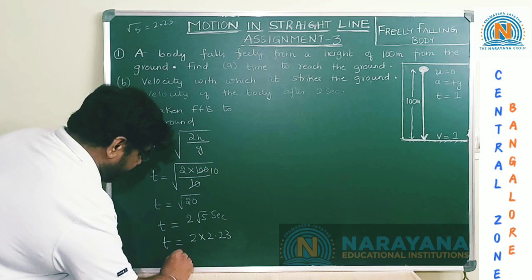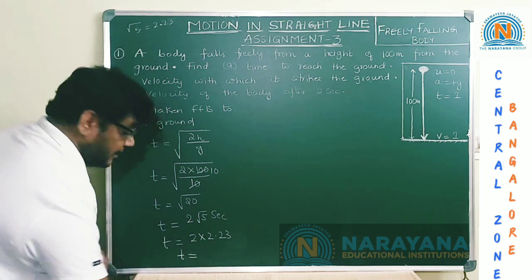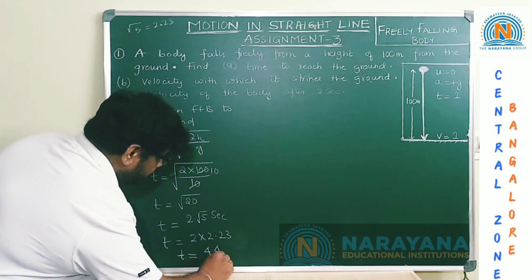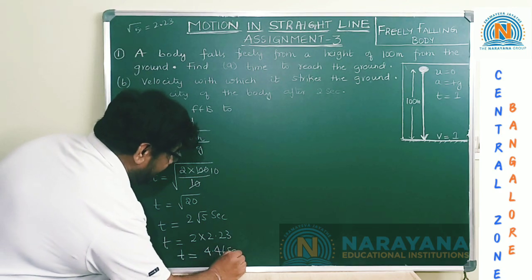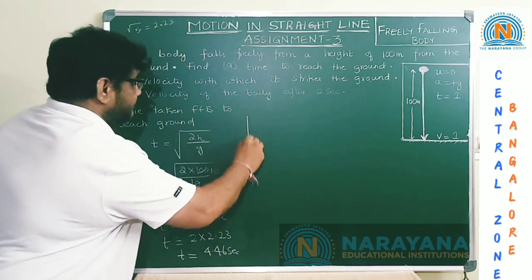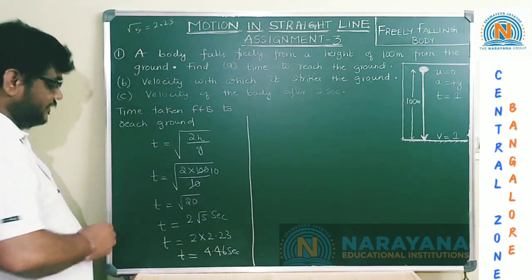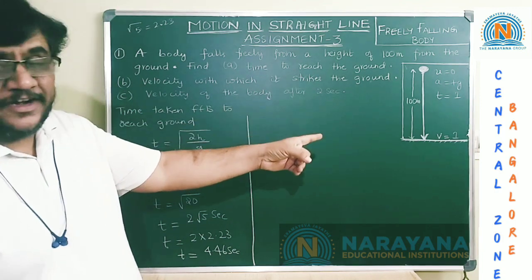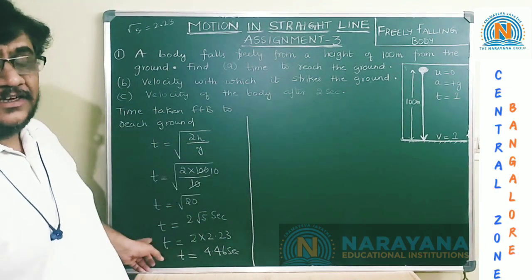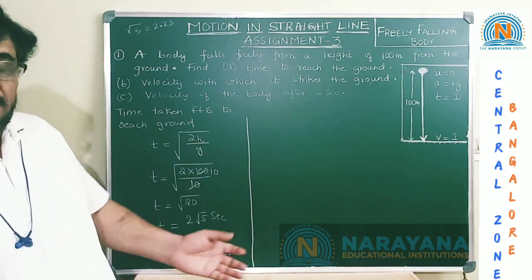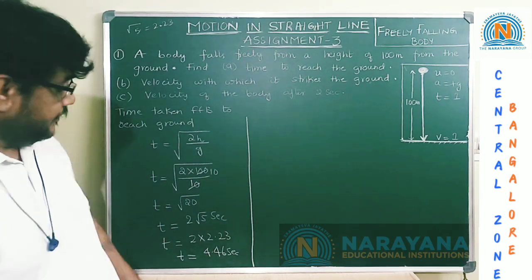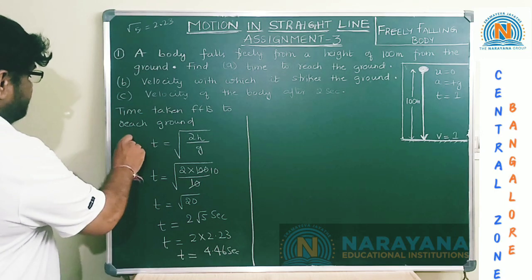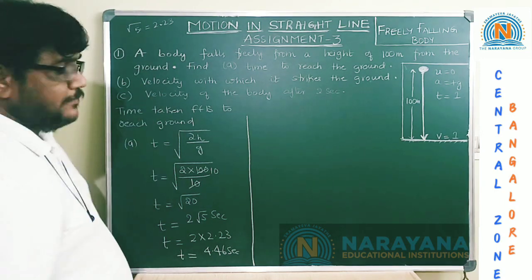So the time taken by the body to reach the ground is 4.46 seconds, approximately 4.4 seconds. The body is dropped from a height of 100 meters, that is a freely falling body. The total time taken by the object to reach the ground is 4.4 seconds. This is the first part of this problem.